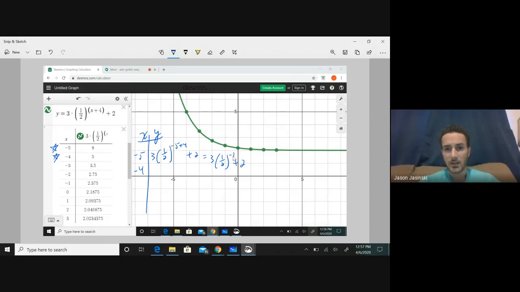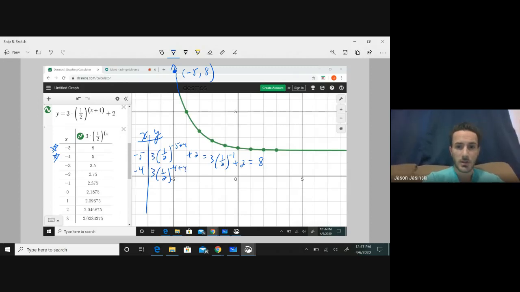Anytime you have a negative exponent, you flip this. So 1/2 becomes 2/1 to the first power. 2 times 3 is 6, plus 2 is 8. So -5 comma 8 would be somewhere up here. And then -4 will work out over here.